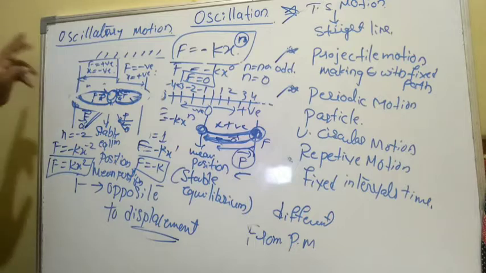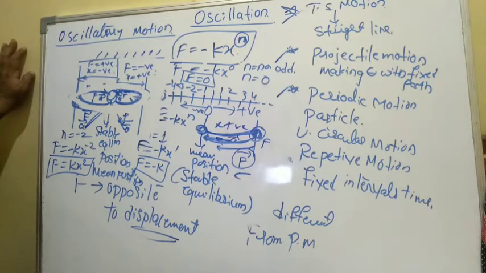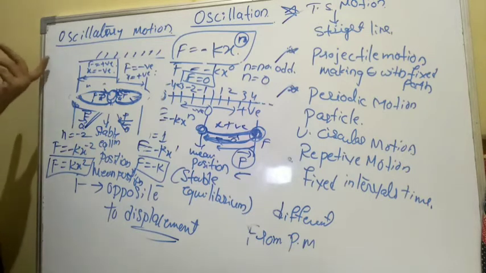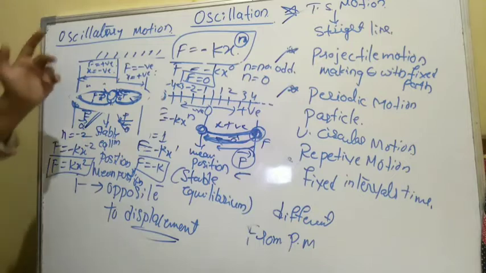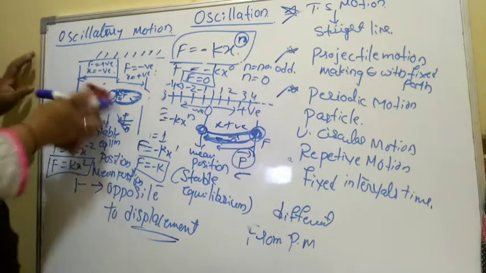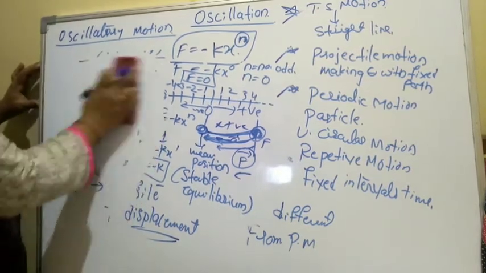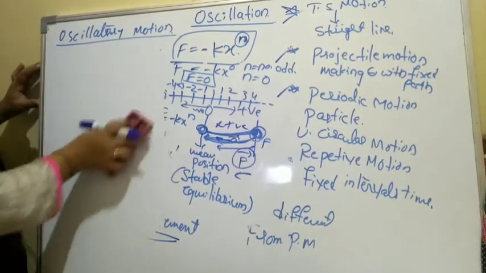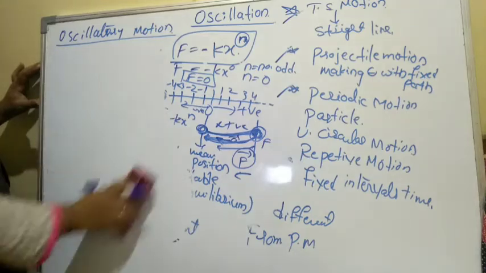So not all oscillatory motion of a particle is said to be periodic motion, and not all periodic motion is to be said to be oscillatory motion. So you have to understand this concept clearly here. Periodic motion means all the particles exhibiting, for example, uniform circular motion.